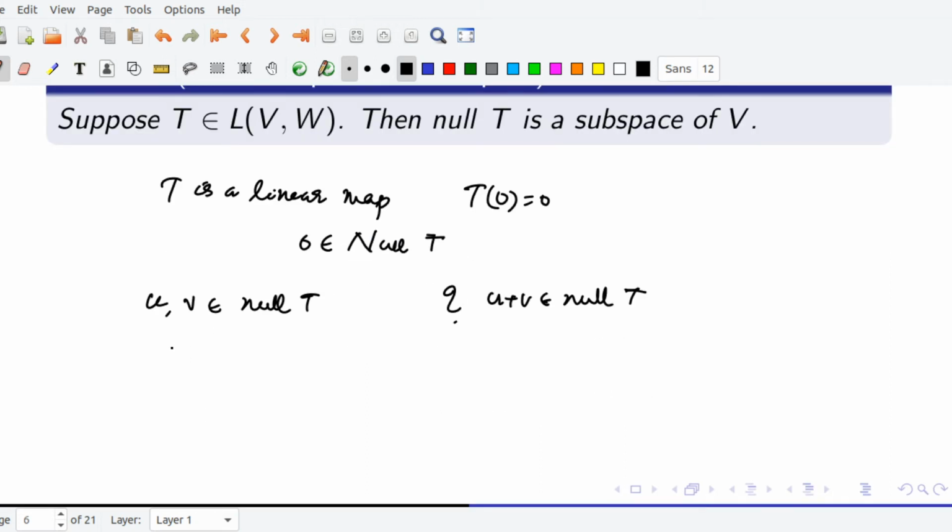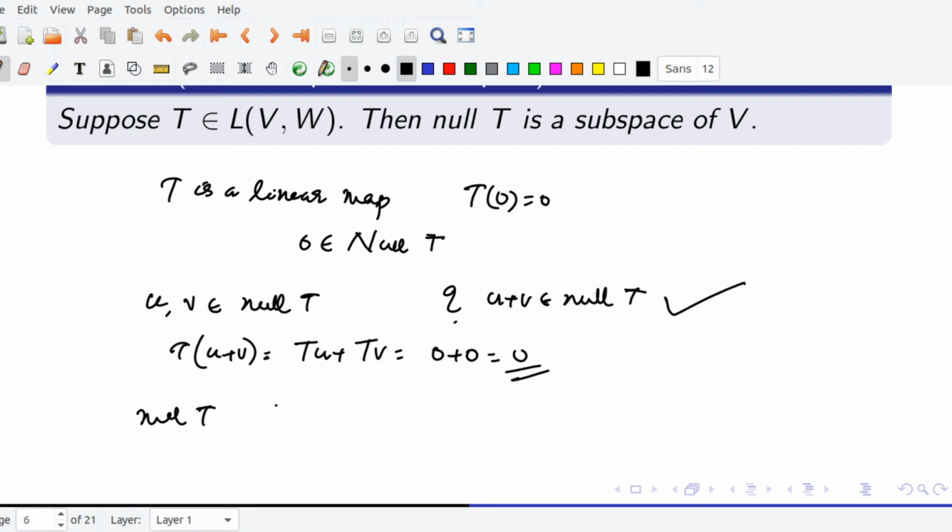Check T(u plus v). Since T is a linear map, this equals Tu plus Tv. Since u and v belong to the null space, this equals 0 plus 0. So u plus v is mapped into the 0 vector. So definitely u plus v belongs to the null space of T. So the null space of T is closed under addition.